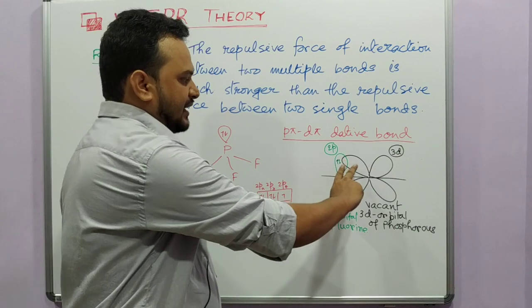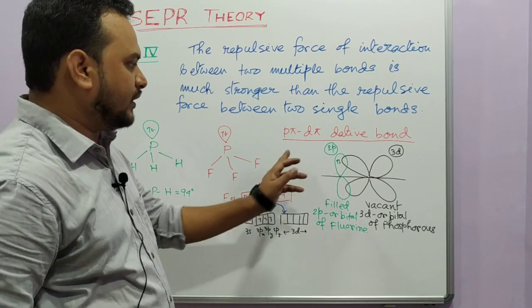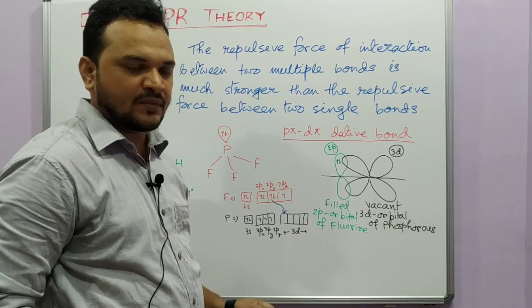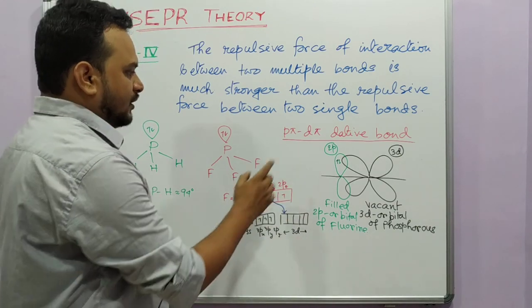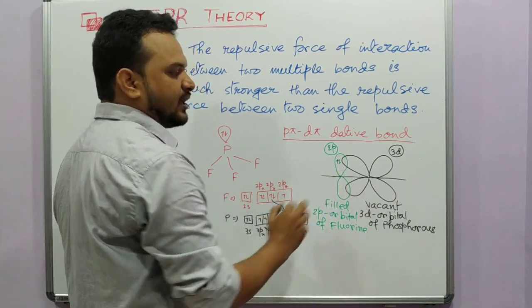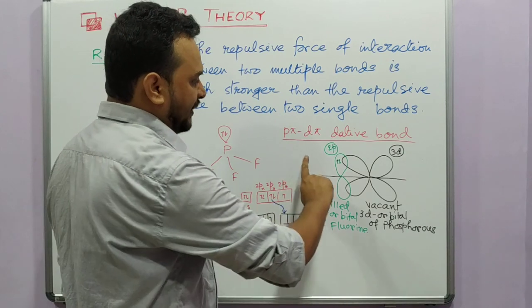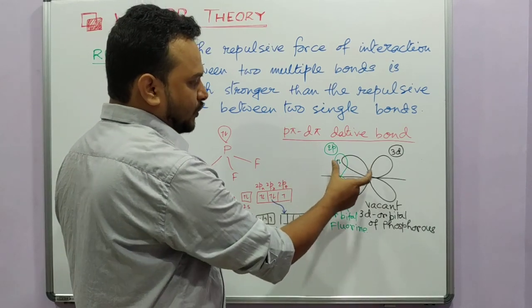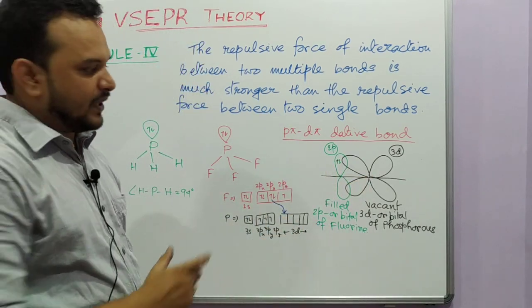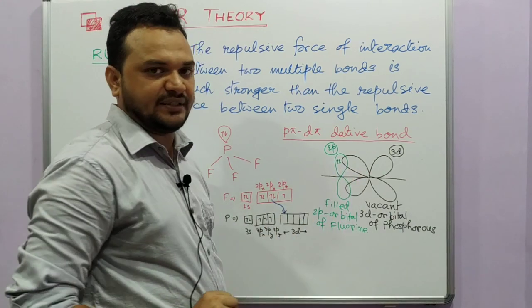And since it is parallel type overlap, it is a pi type of bond. But in this pi bond, single electrons are not coming from phosphorus and fluorine. It is a pair of electrons coming from fluorine. So it is a coordinate type bond. But the type of interaction is pi type, parallel.